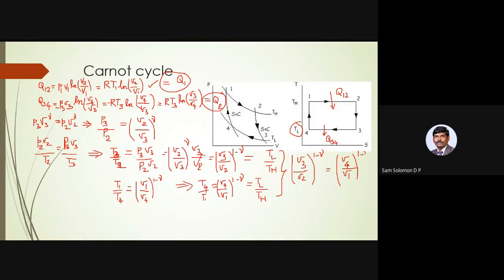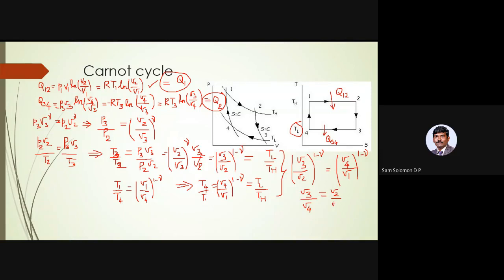Okay, and I can take this power on both the sides because I have common powers. These powers can be removed, and I can rearrange the equation and write this as V3 by V4 equal to V2 by V1.